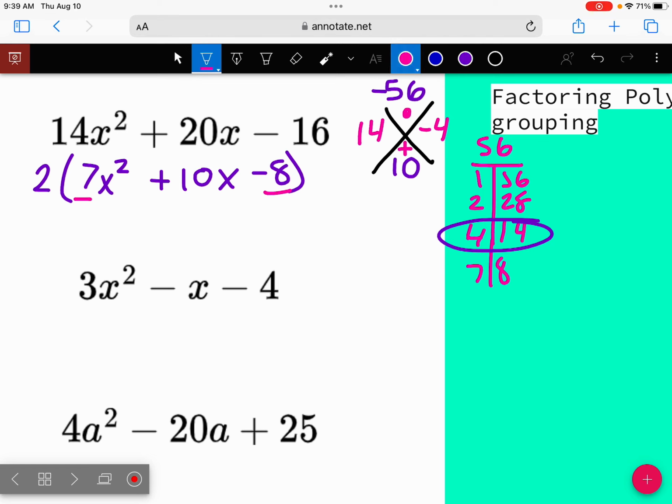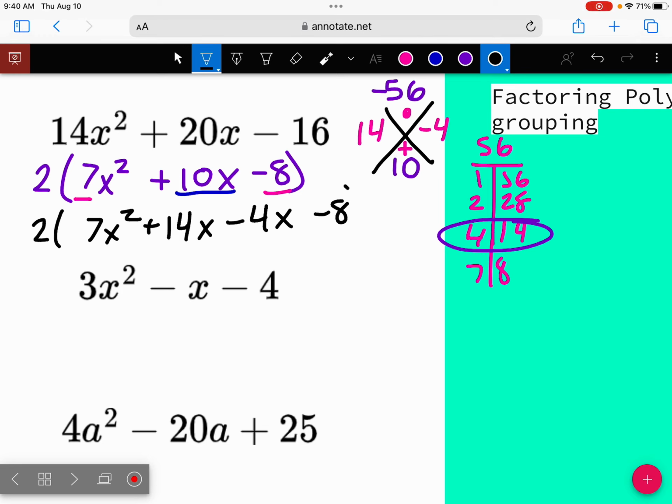Since I have an A value that's not 1, this tells us how this term splits into 2 pieces. If you did the box, this would be where you're filling in the box, and that's okay and that's valid. You can use the box. We're going to do 2 times 7x squared plus 14x plus 14 minus 4x minus 8.